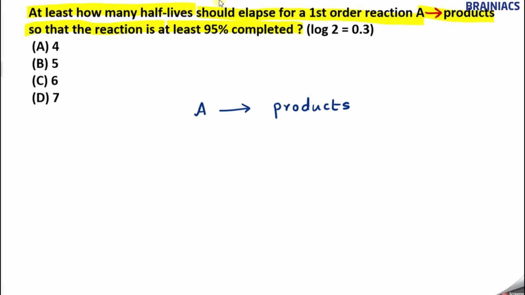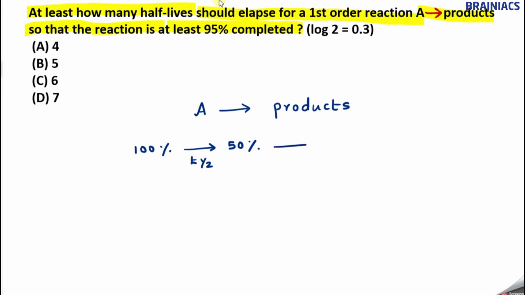So I say initially 100% was there. When this 100% becomes 50%, we know the definition of half-life: the time required for the reactant to become half of the initial concentration. So 100% becoming 50% means one half-life is used.